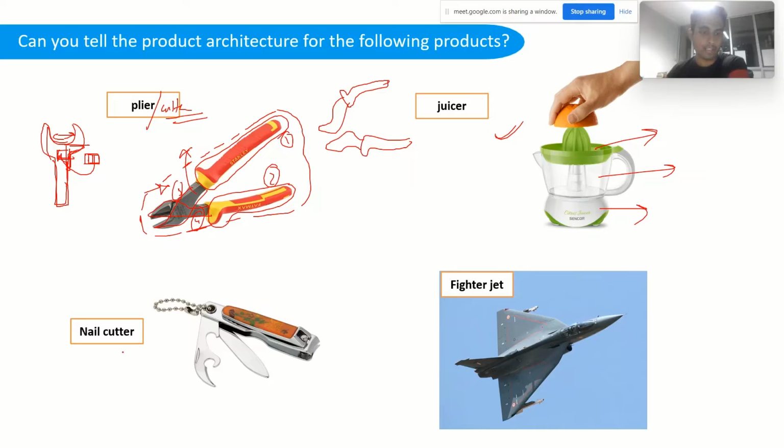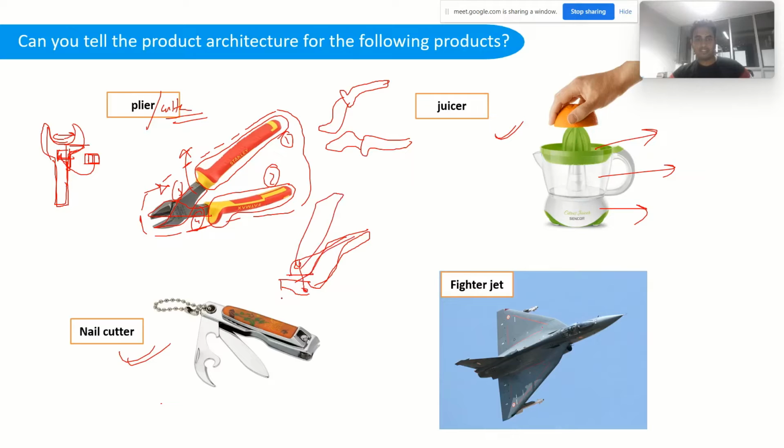What about the nail cutter? A nail cutter, I think it's an integral product. Okay, I gave this particular example purposely because in the live class, what Professor Asokan explained is a nail cutter which is only the cutter part, something like this, having the top.